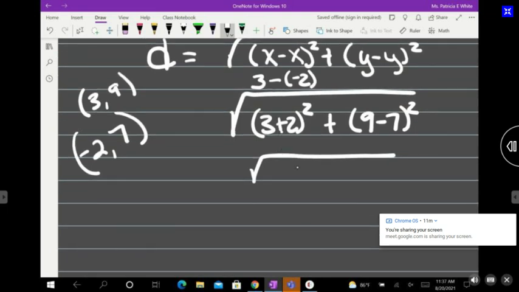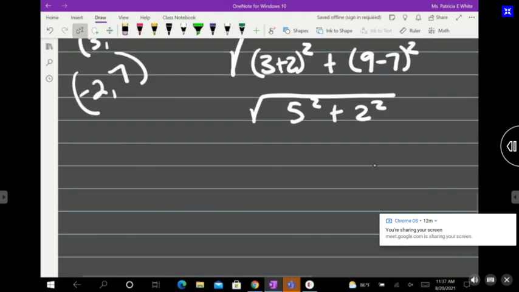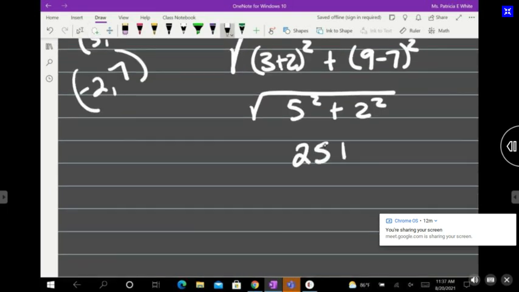5 squared plus 2 squared, 25 plus 4 is 29. All right, Kiesha, here's going to be a decimal. So if you have mine, you're going to put in the 29 and hit that red button at the top, right?